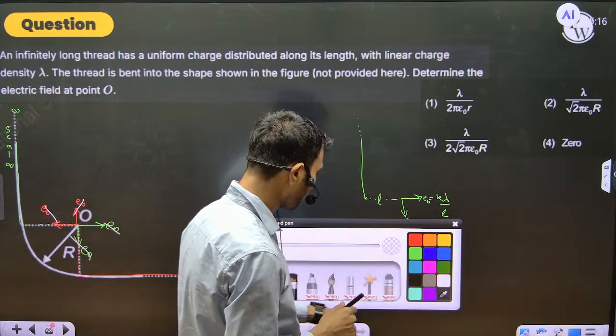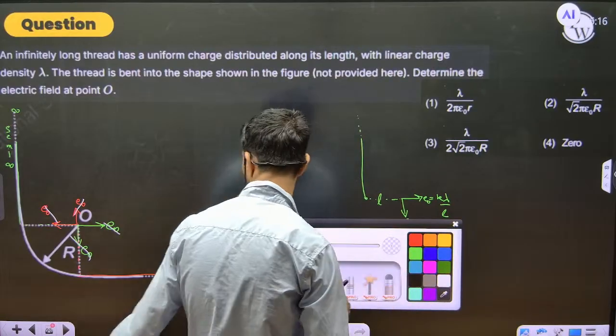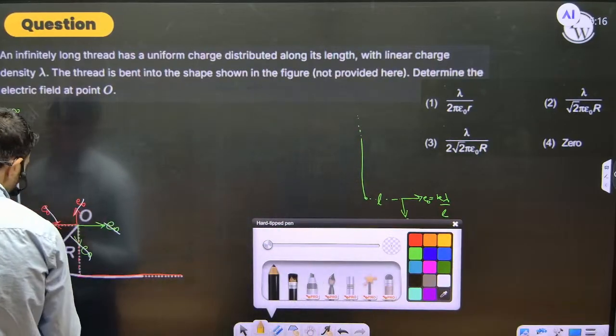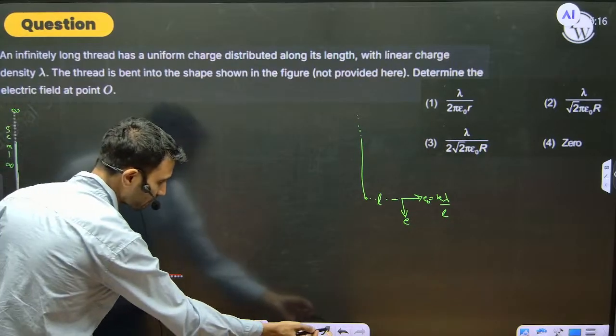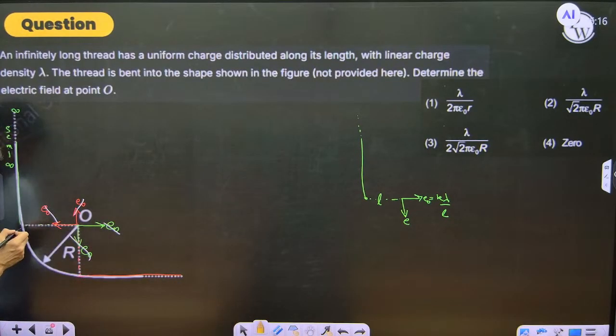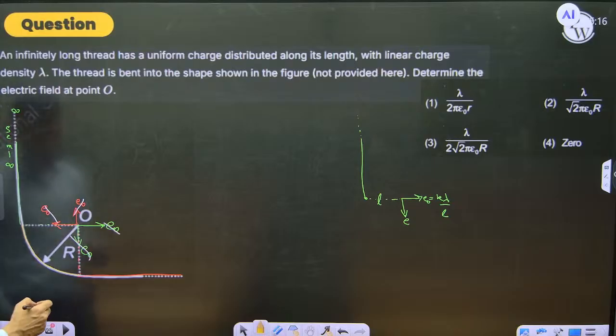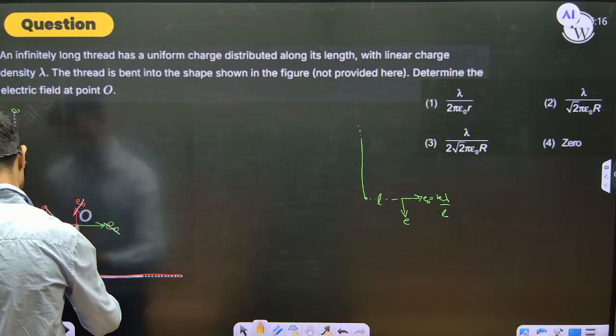But now we are left with the semicircular portion. This one. Because of that, what will be the electric field?